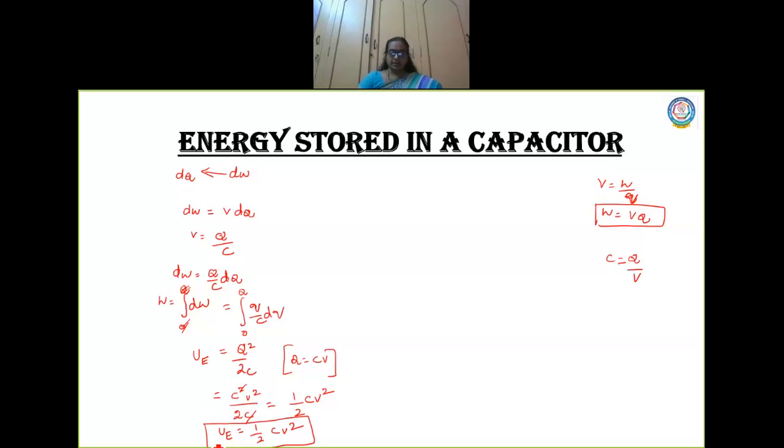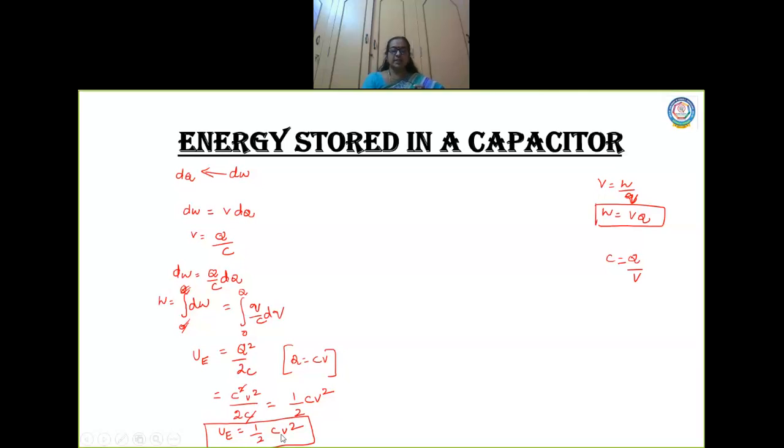Now from the equation we can see that the energy stored is directly proportional to what? Look at the terms on the right side of the equation: you have capacitance and you have potential.